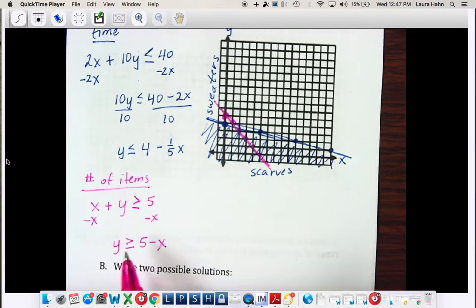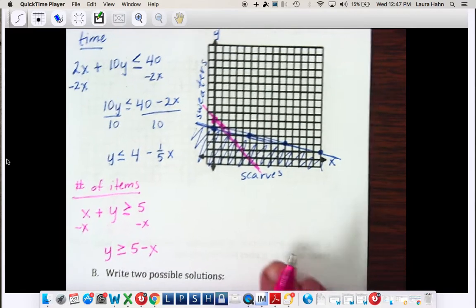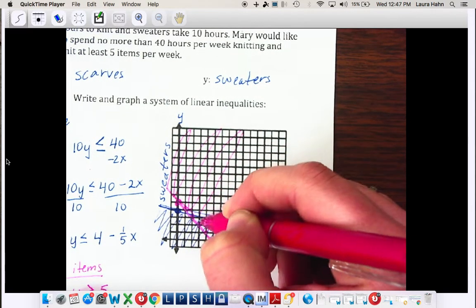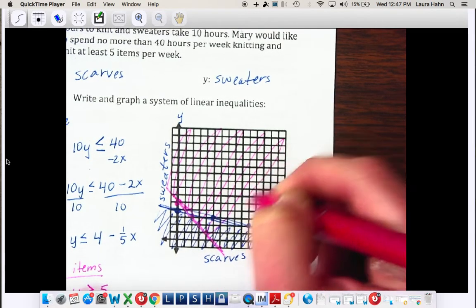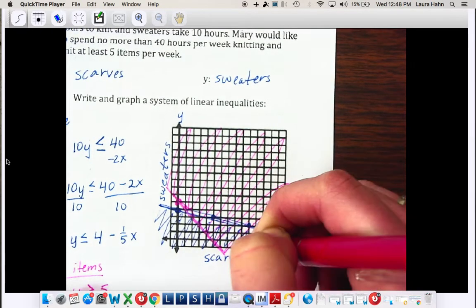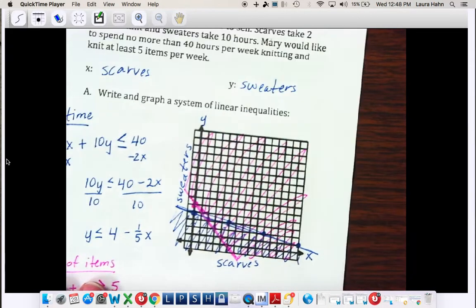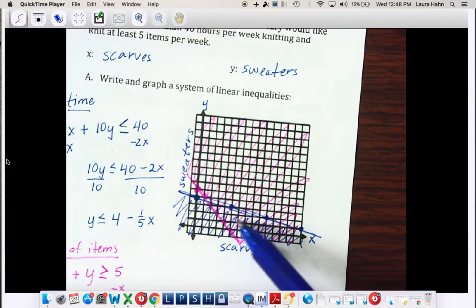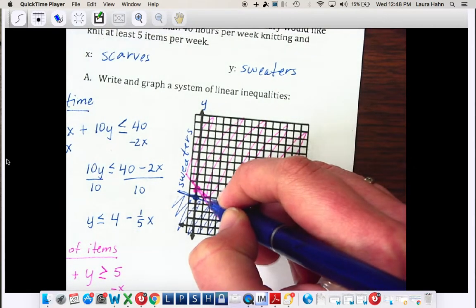And the symbol was a greater than, which means I'm going to shade above my pink line. Alright, so I can see that they overlap in this section right here, so I'm going to go back and darken this in so it's really clear what my solutions are.